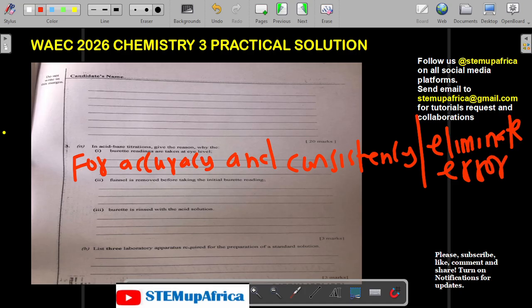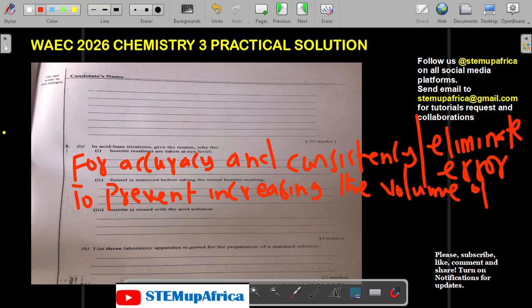If you don't remove the funnel, the droplets from the funnel may increase the volume of the acid. So the reason is to prevent increasing the volume of the acid. If you don't remove it, the volume of the acid will increase.